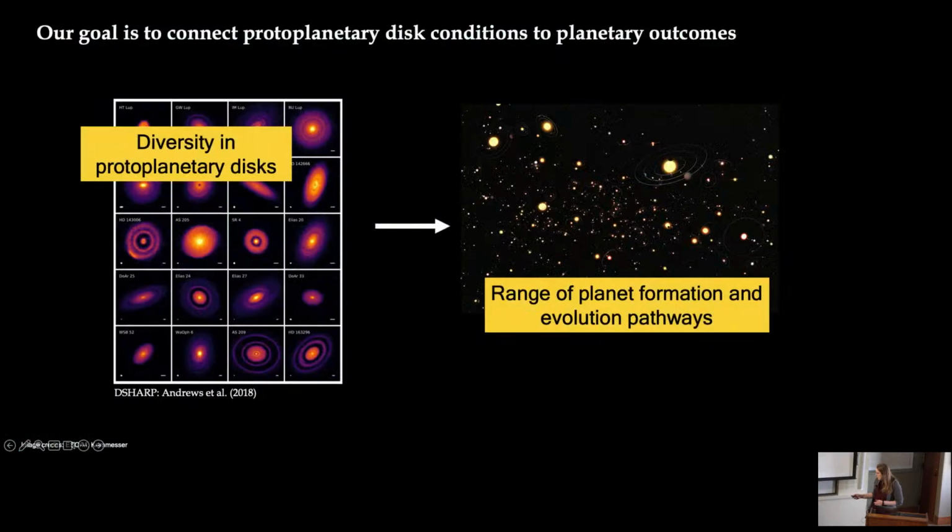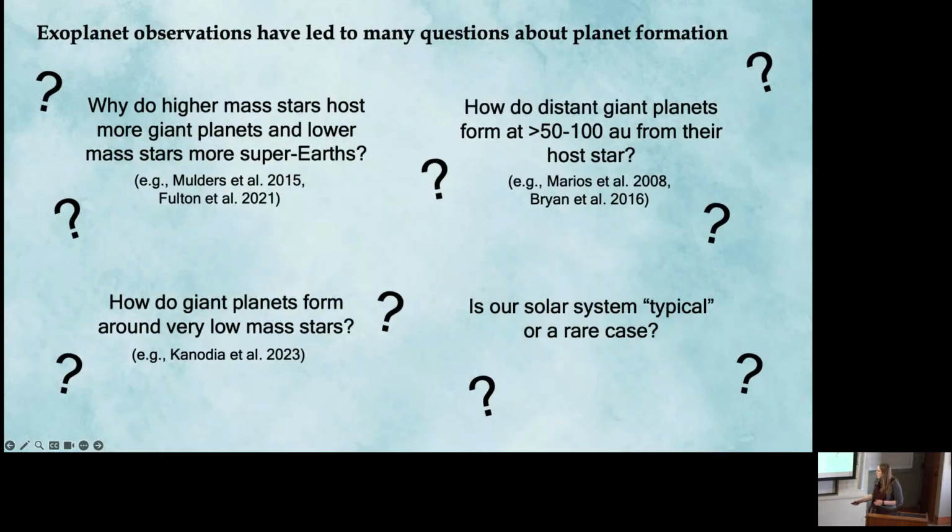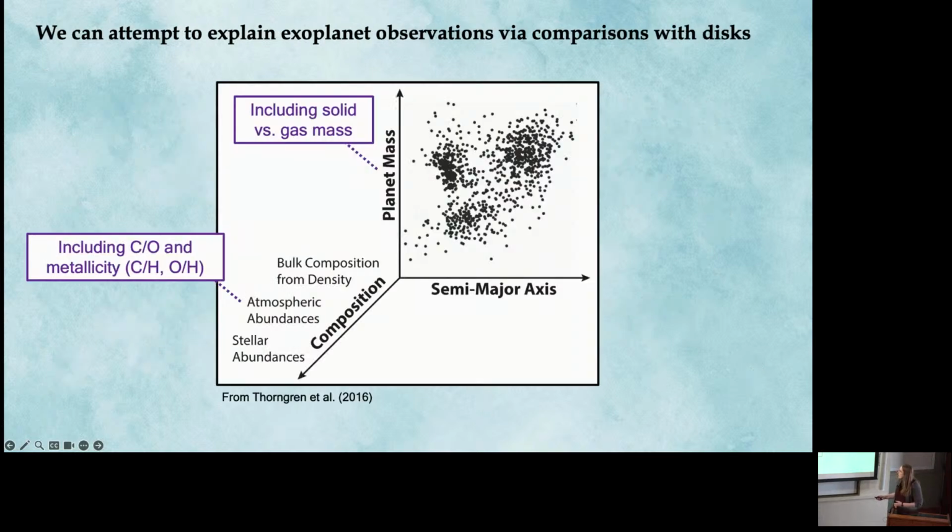How do giant planets form around very low mass stars in a system where we think there's barely enough, if enough, material to form a single giant planet? Why do these even exist? How does that process occur? And closer to home, is our solar system a typical case of the outcome of the planet formation process or something more rare?